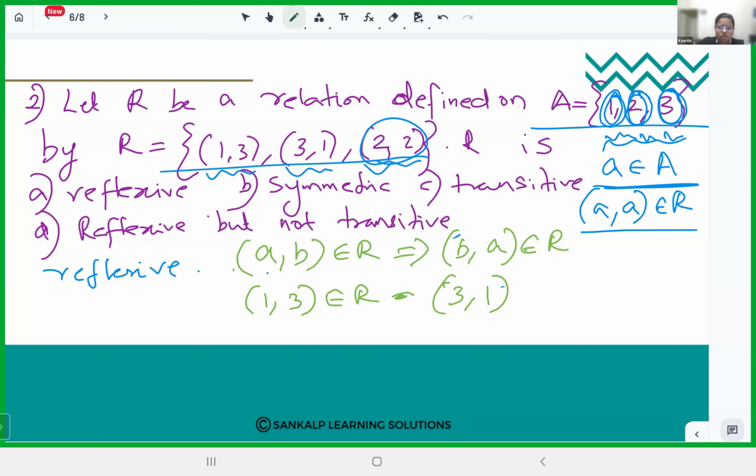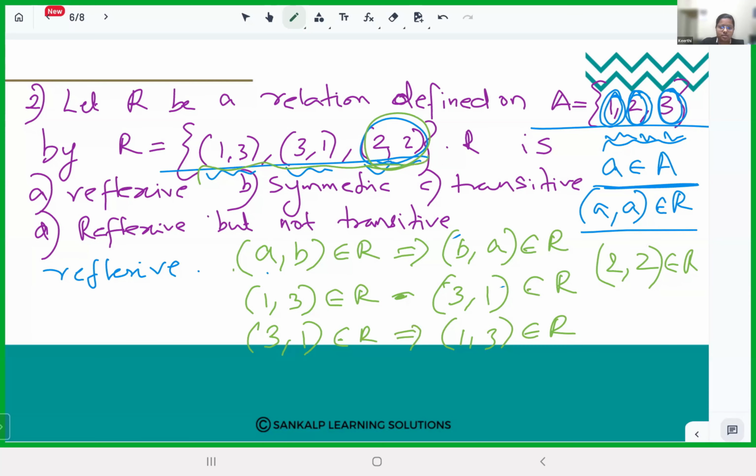Yes, (3, 1) also belongs to R. Similarly, (3, 1) belongs to R implies (1, 3) belongs to R. Now (2, 2) also satisfies the condition of a symmetric relation. So it is symmetric, because every element in the relation satisfies the condition. Now we have to check whether it is transitive also.